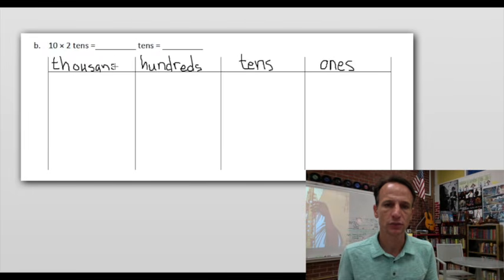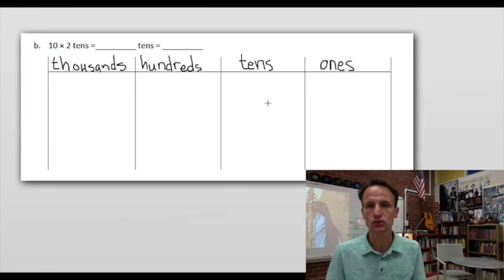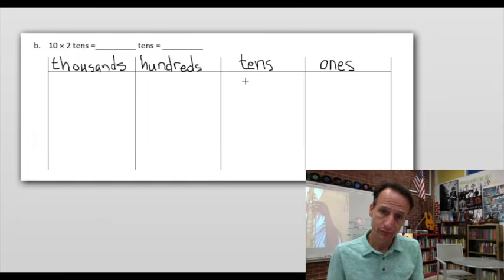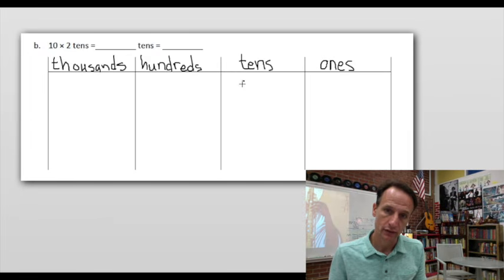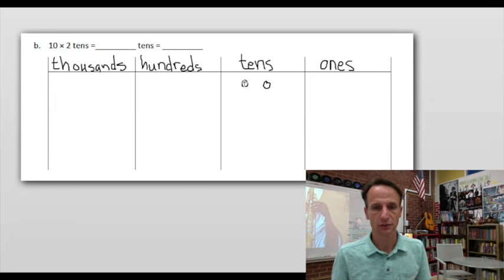And just as we did before, let's start with the place value disk and then fill in the missing quantities in the equation. So we're doing 10 times 2 tens, so we'll start by drawing 2 tens, right? No problem, we got it. So there's 1 and there's 2. And now we're doing 10 times those. So I'm going to draw out 10 times. So there's 1 there already.